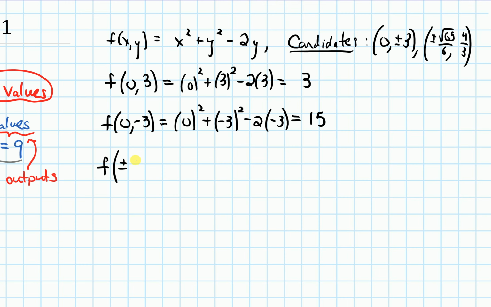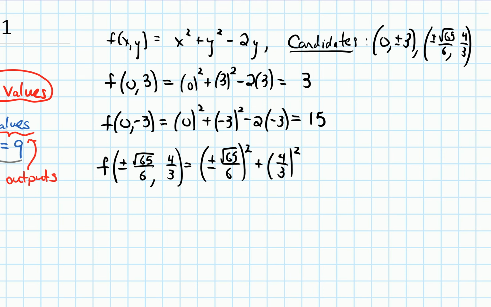F of plus or minus root 65 over 6 for the x, and then 4/3 for the y. If I plug those in, I'll get plus or minus root 65 over 6 being squared for x squared, and then plus 4/3 squared for y squared, and then minus 2 times 4/3. So if we simplify, squaring the first term, we get 65 over 36 plus 16 over 9 minus 8/3.